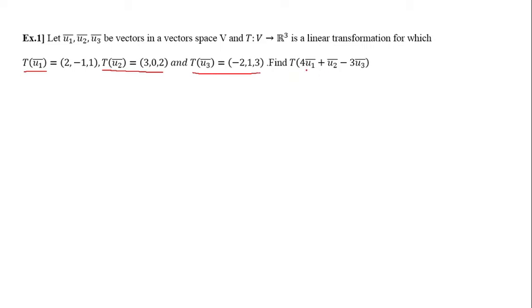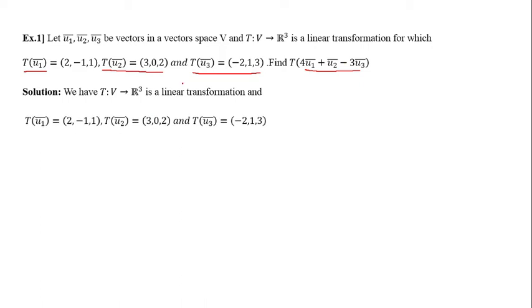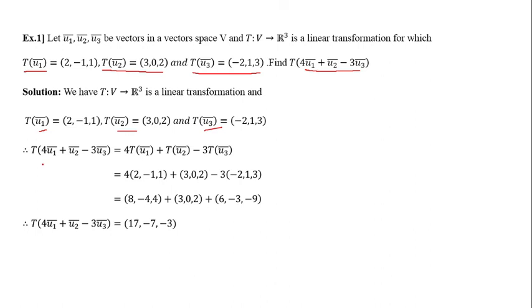We have to find P of 4u1 plus u2 minus 3u3. So write down the given things. We have a linear transformation and we have the images of u1 bar, u2 bar and u3 bar, and therefore T operating on 4u1 plus u2 minus 3 times u3.